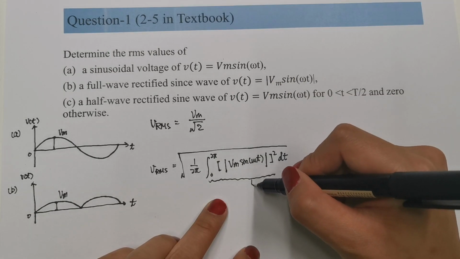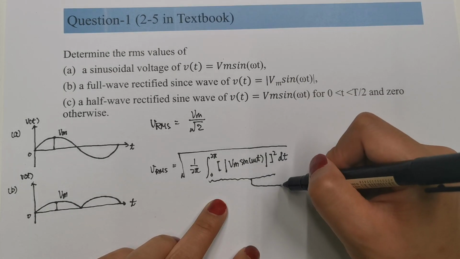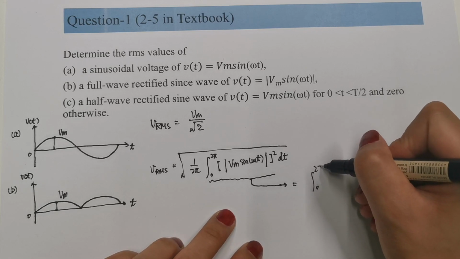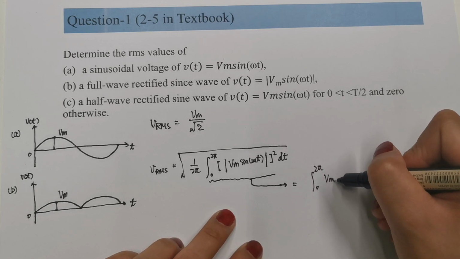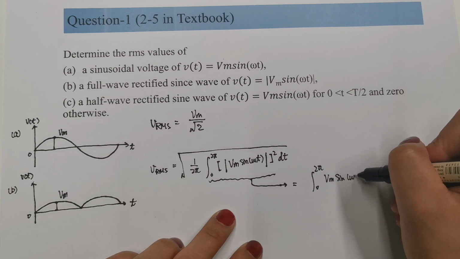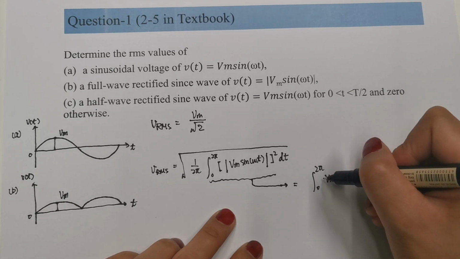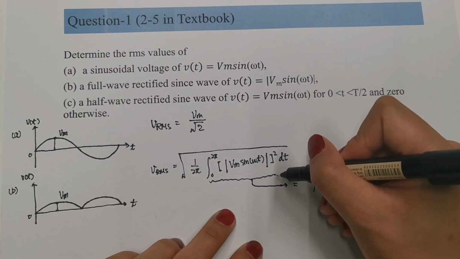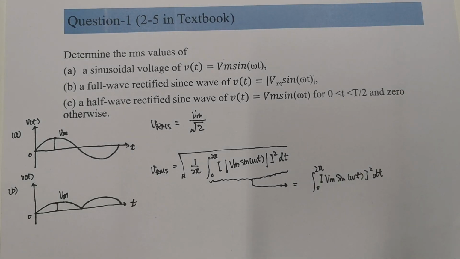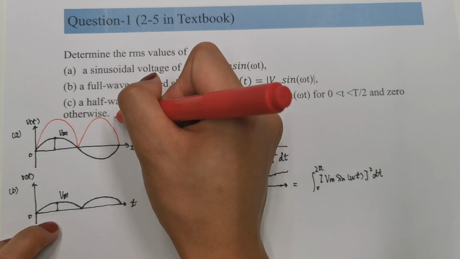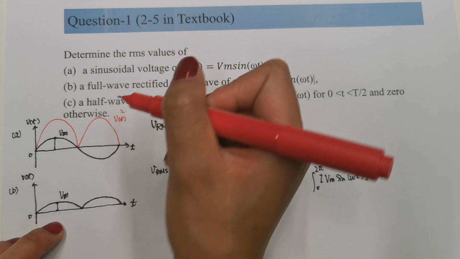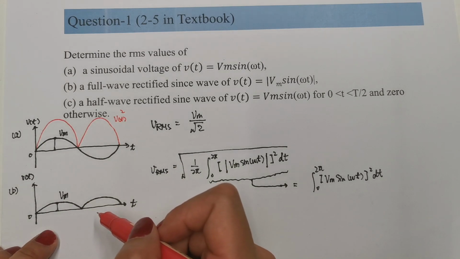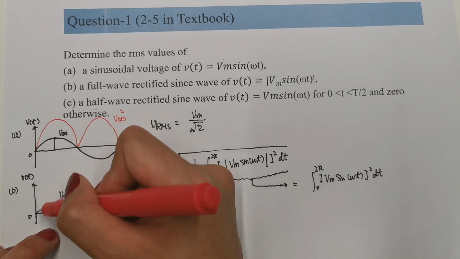This part is equal to the integral from 0 to 2 pi of Vm sine omega t squared dt, right? Because this is our voltage squared, and for the absolute value it's exactly the same thing.